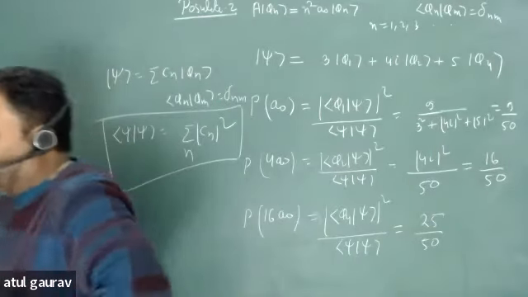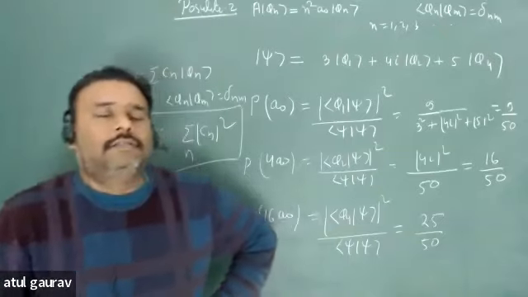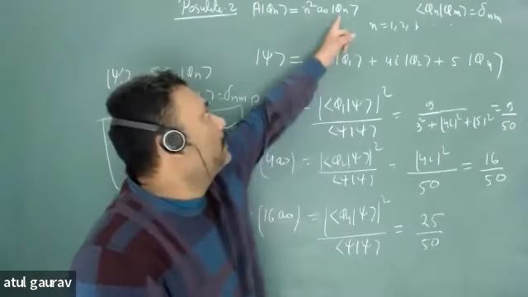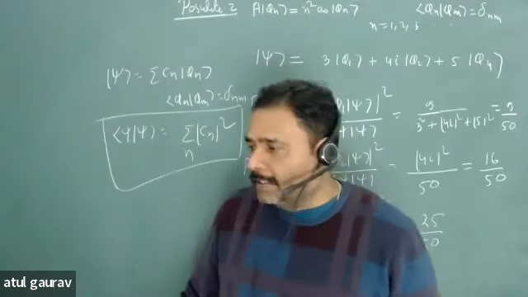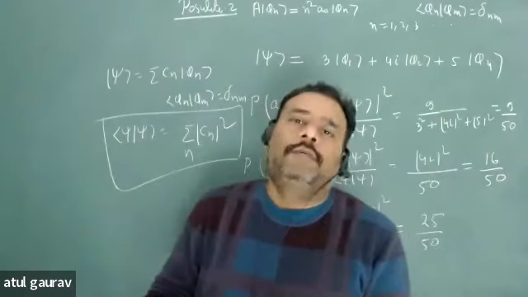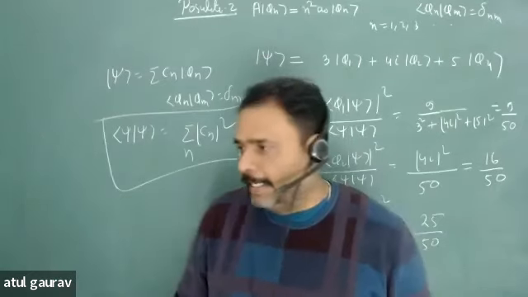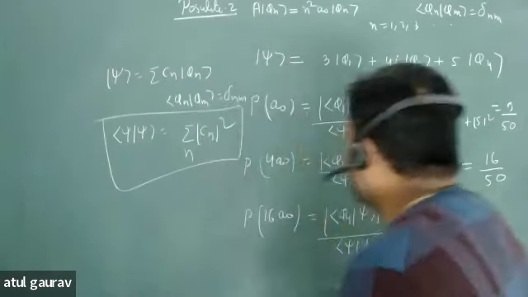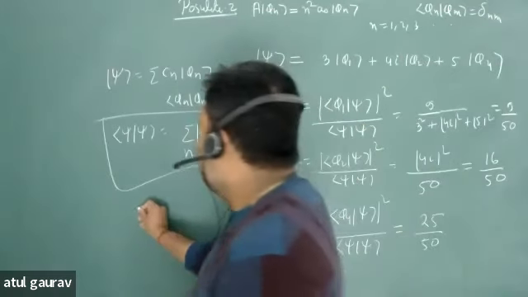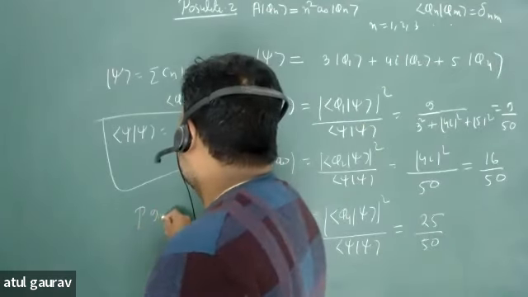Aur yeh isliye ho pa raha hai because your phi n will make complete basis. Complete basis means you have all the information of a system. Something like this. Are you getting my point? Now, if someone will ask you, what will be probability that you are getting 9A naught?